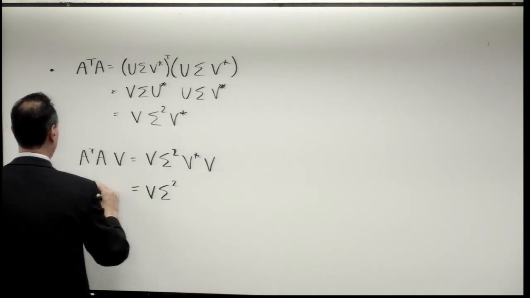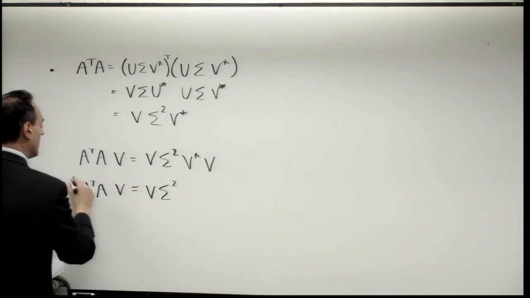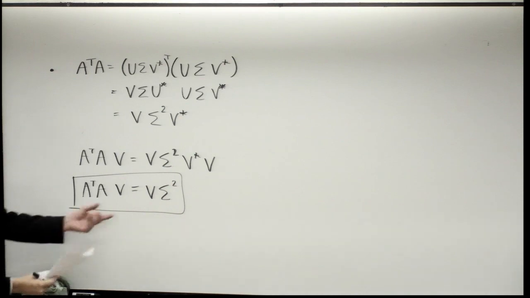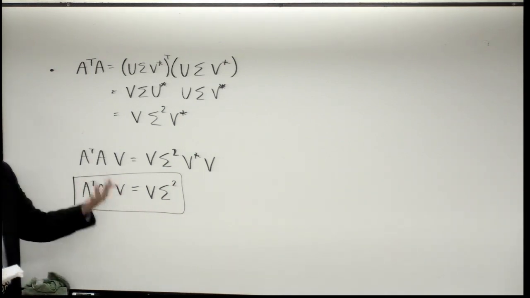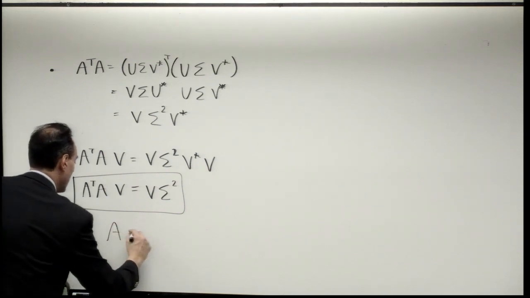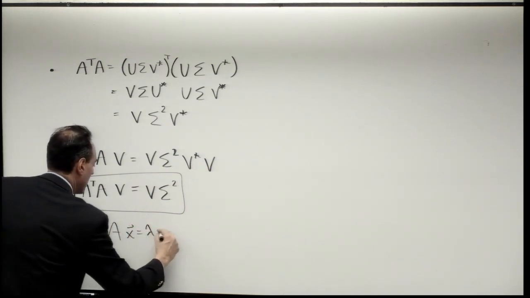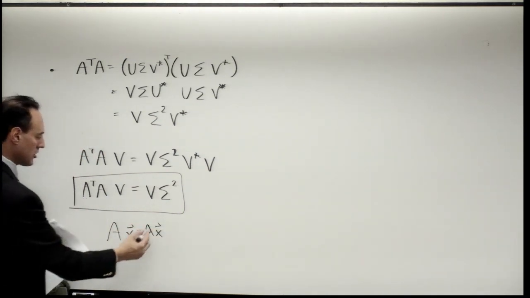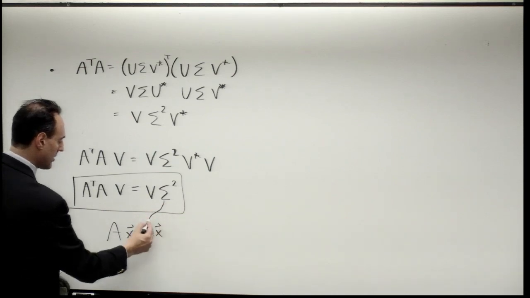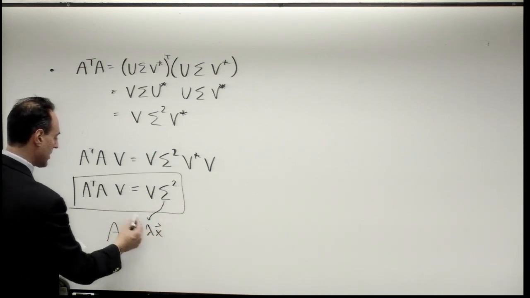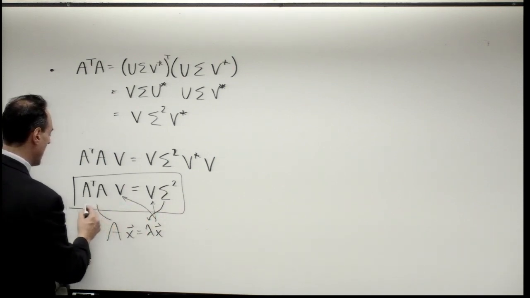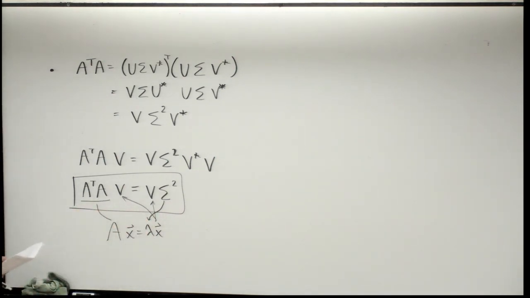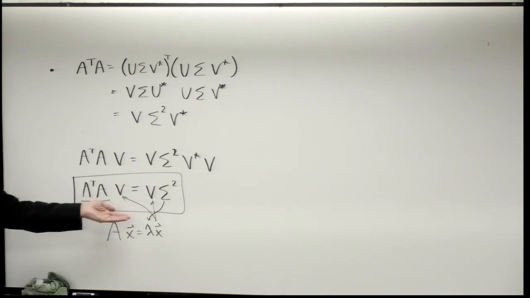This is A transpose A V, and this is an eigenvalue problem. This is Ax equals lambda x, our standard way to think about eigenvalues. So here, the lambda is this sigma squared, the x are these vectors here, and the A now is this matrix there.